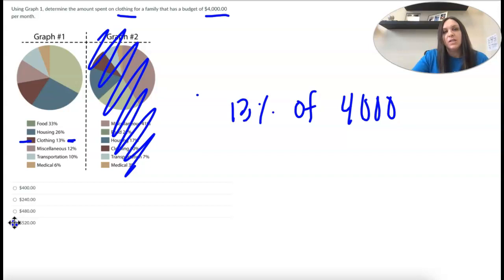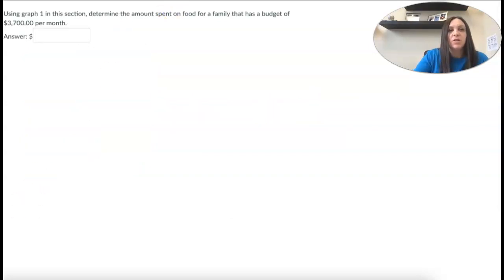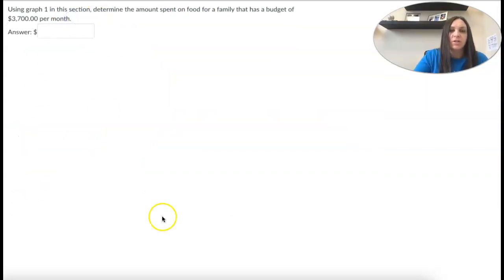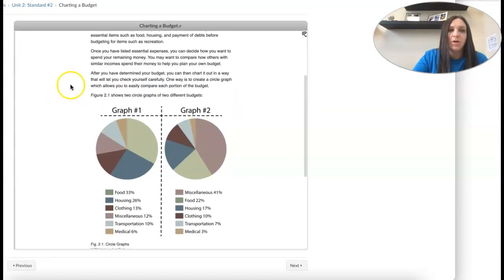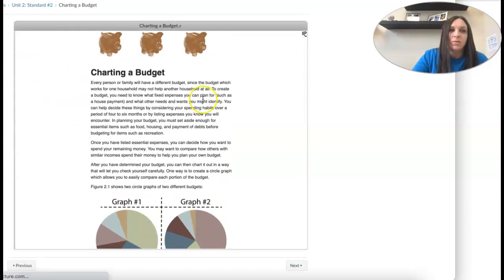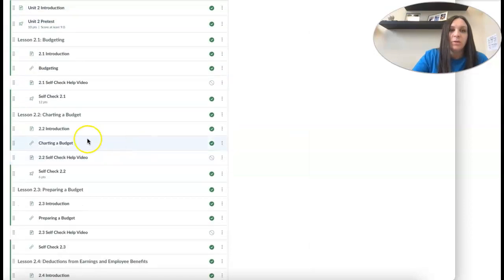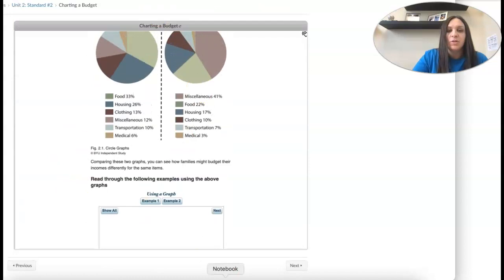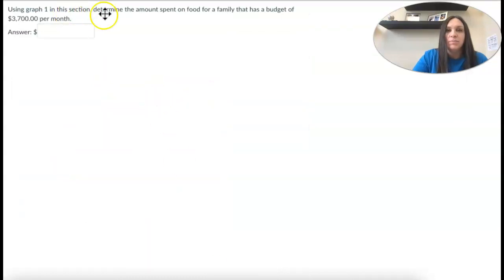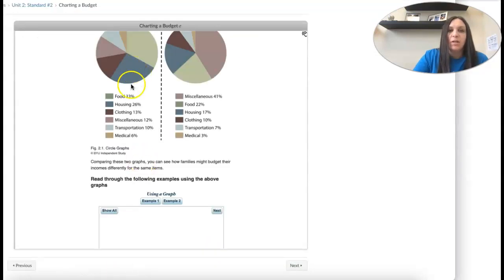So you're also going to get some questions that say use the graph 1 in this section. So if you look in your notes, those same graphs are in here. So I'm on 2.2, charting a budget right here. Here's the graphs. So we're looking at graph 1 and the amount of money spent on food. So let's look. Graph 1.